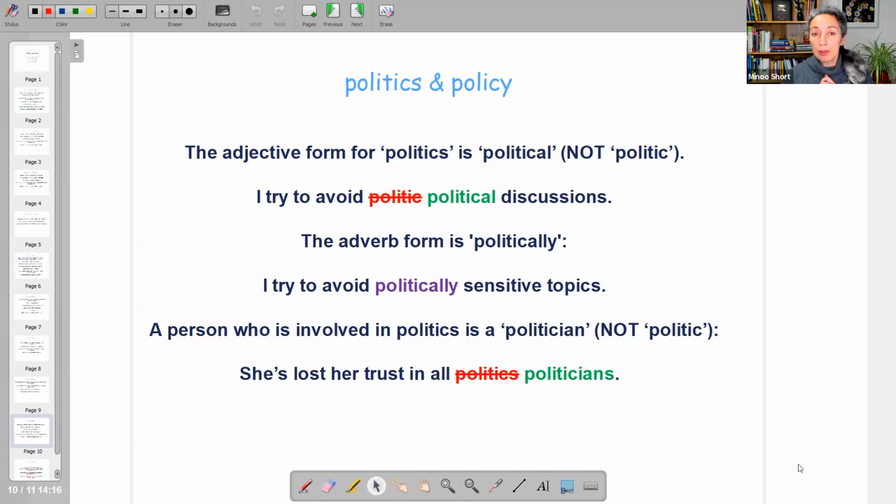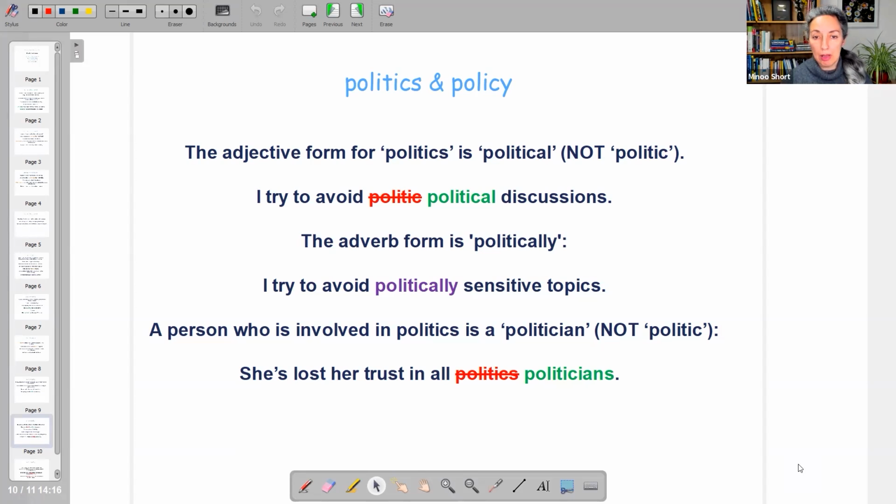Important. And also, this is another mistake I often hear, a person who is involved in politics is a politician. Again, not a politic. So, for example, don't say she's lost her trust in all politics. It's she's lost her trust in all politicians.